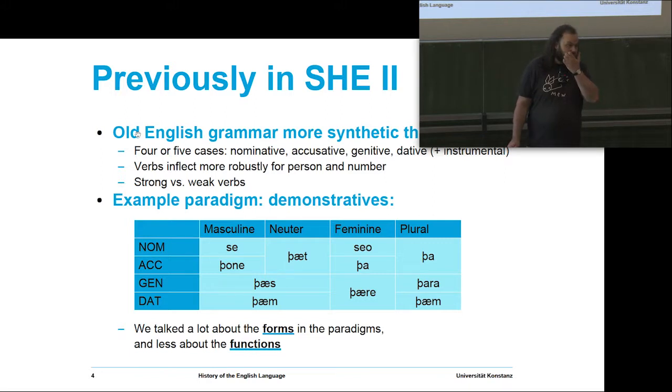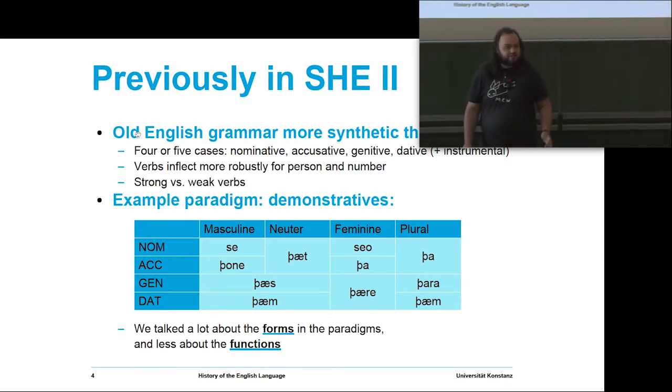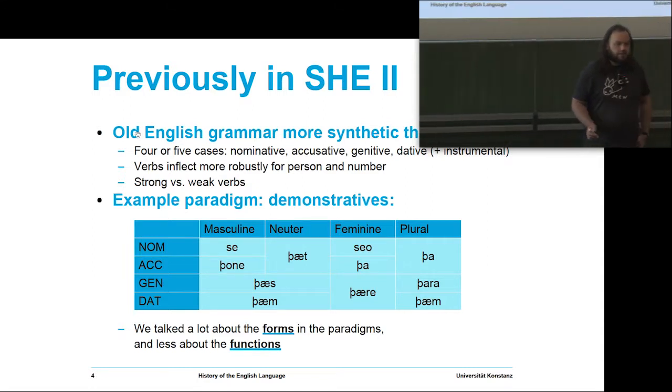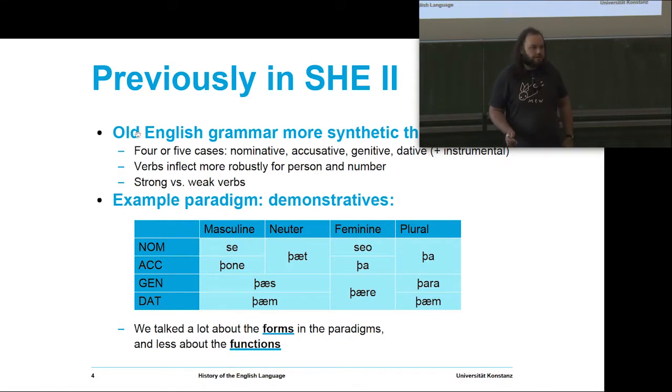What I do want you to know, because you're students of English and students of the history of English, is how this system works and how to use these paradigms and how to use this knowledge that you've acquired. So, for instance, if you find a form that you think is going to be a weak adjective, you should know how to look it up, and how you can cross-reference it with the paradigms to figure out what you need.